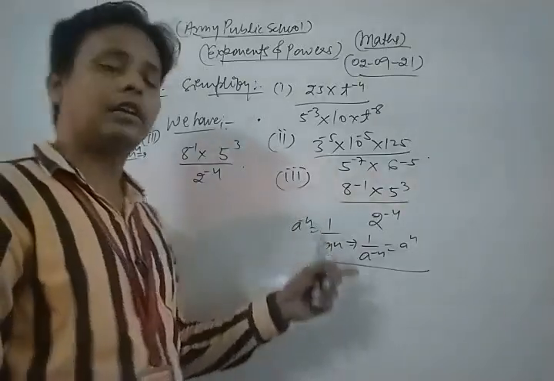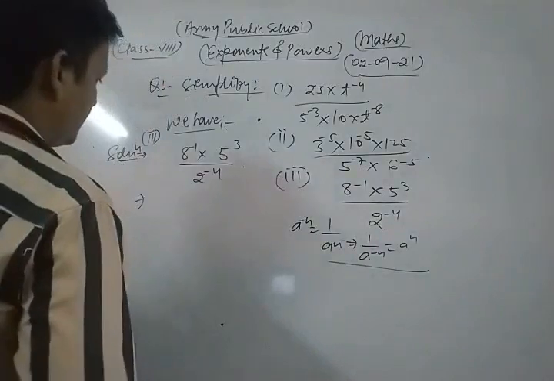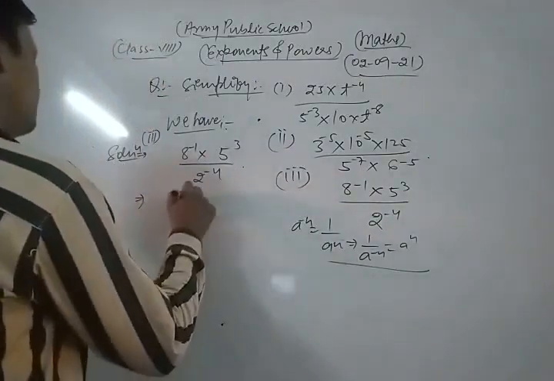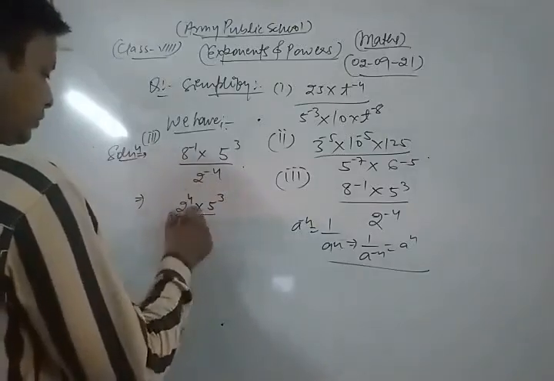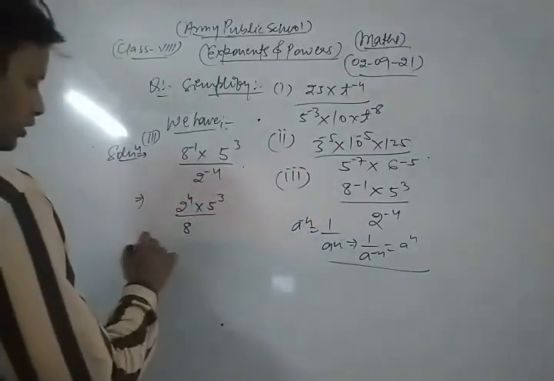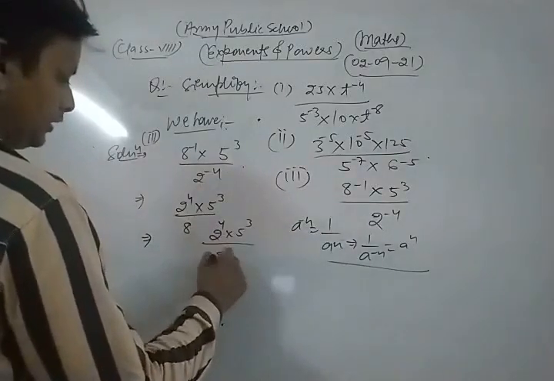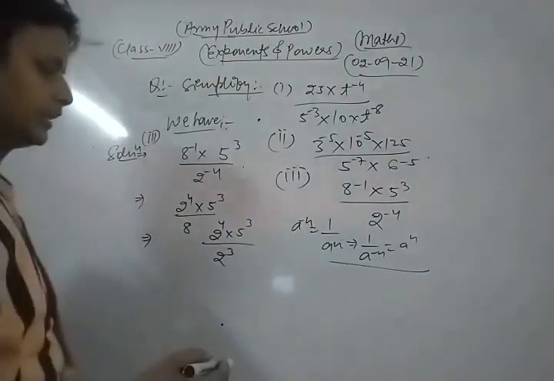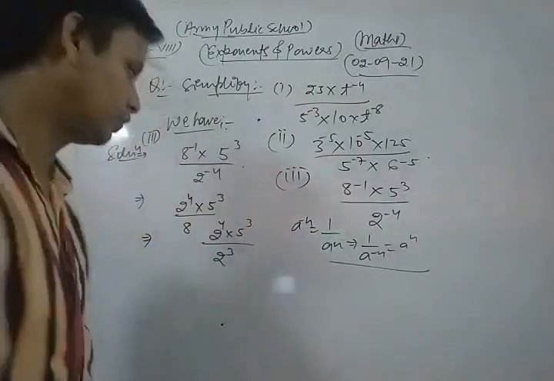So according to that law of exponent, we expand this. So we can write 2 power plus 4 in the numerator and 5 power 3 as it is, and here 8 power 1 is written. Okay, now look, this is 2 power 4 into 5 power 3 upon 8, and because 8 we can write as 2 into 2 into 2, this is 2 power 3.